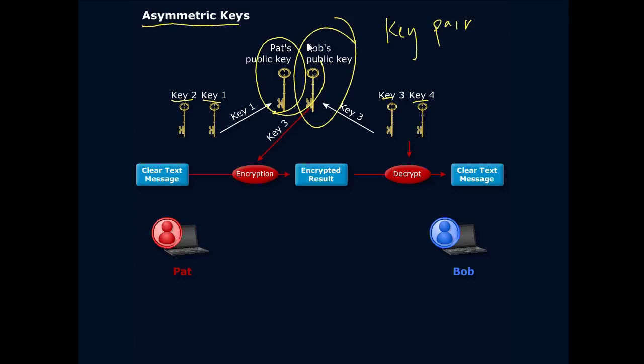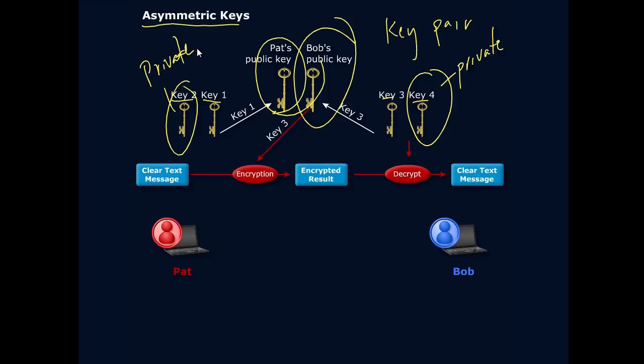So no one has the private key. Bob is going to keep this fourth key private, and Pat is going to keep this second key private. Not going to be shared with the public. So any traffic encrypted by Bob or Pat's public keys is only reversible by the private keys.